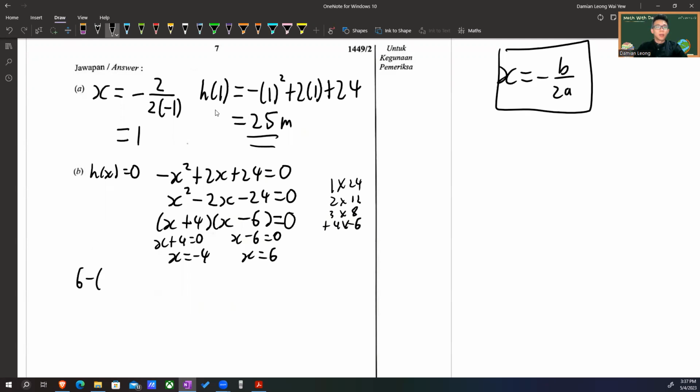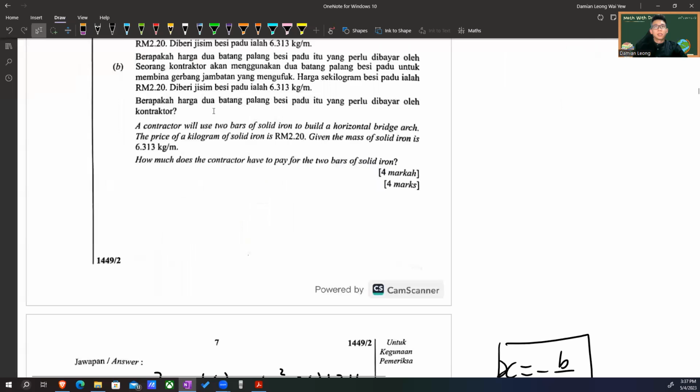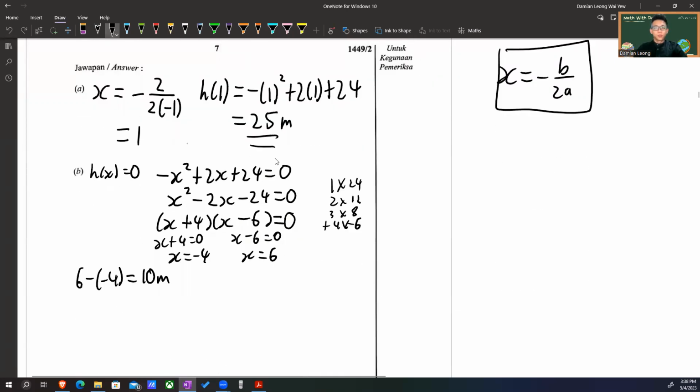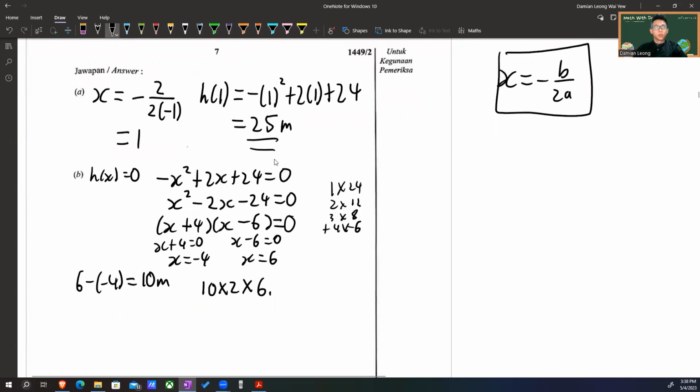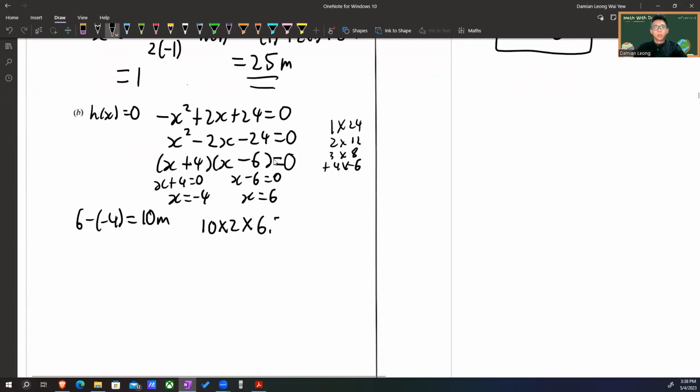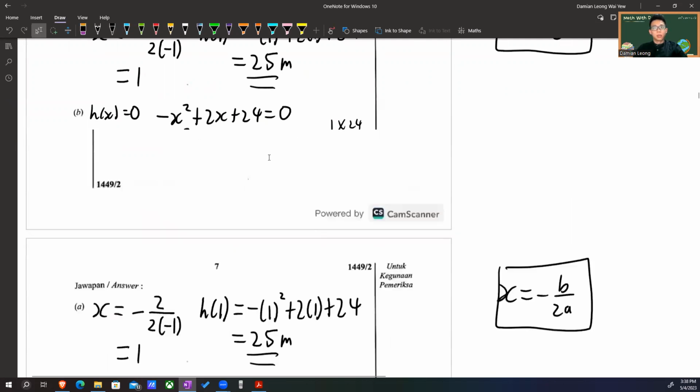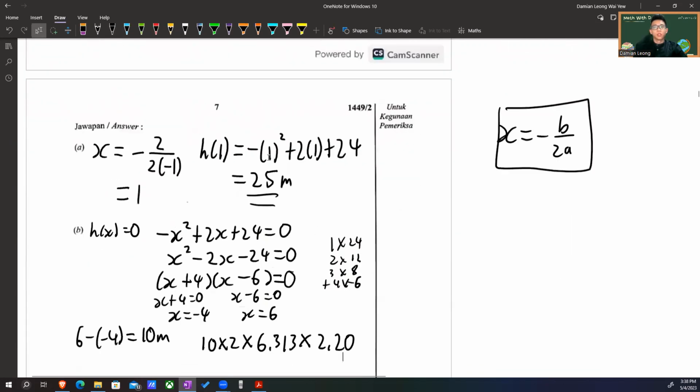Find the difference. 6 minus negative 4, 10 meters. So 10 meters, 2 bars of solid iron. Mass is 6.313 kg per meter, and for each kg is 220, that is 2 ringgit 20 cents per kg.